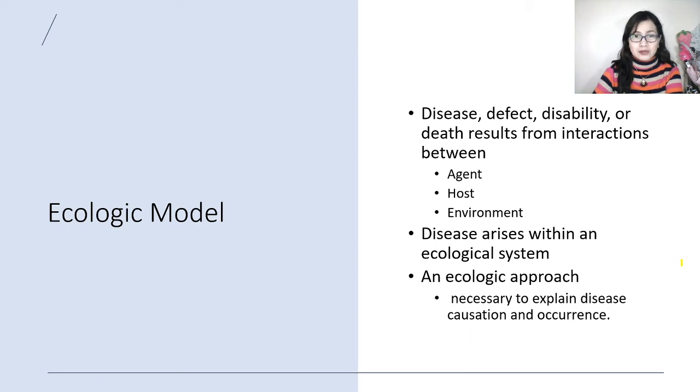So take note of that: agent, host, and environment. Diseases arise within an ecological system. So, an ecologic approach is necessary to explain disease causation and occurrence. And again, we'll find out the relationship of organisms to each other.